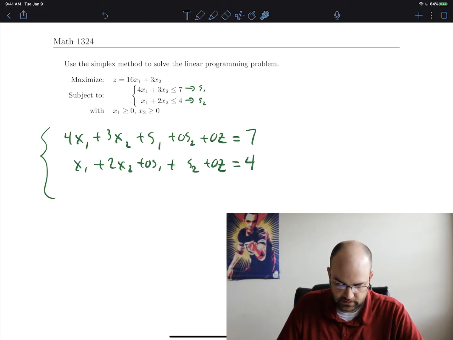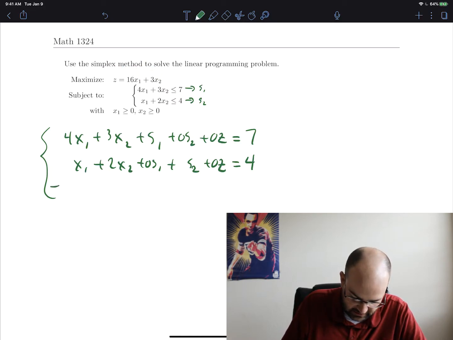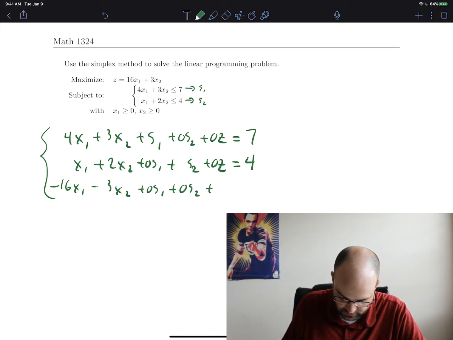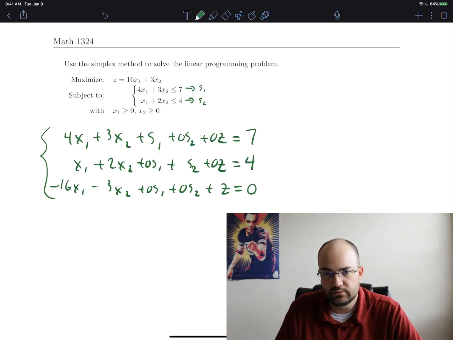Good. Then, of course, for the objective, make sure we move the 16x1 and the 3x2 to the left, making that negative 16x1 minus 3x2 plus 0S1 plus 0S2 plus 1z, then all of that's going to equal 0.